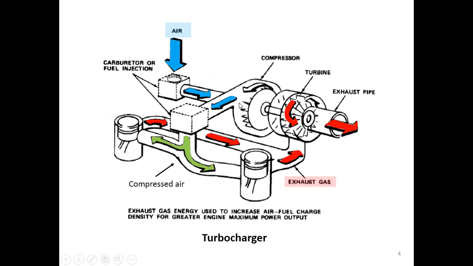The exhaust, represented by the arrow, will flow into the turbine and drive the turbine before leaving out to the atmosphere. The air will flow into the compressor because the compressor is run by this turbine here. So the air will be compressed and then distributed to the cylinders.